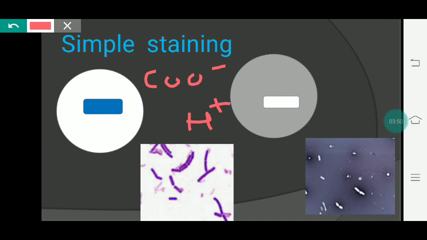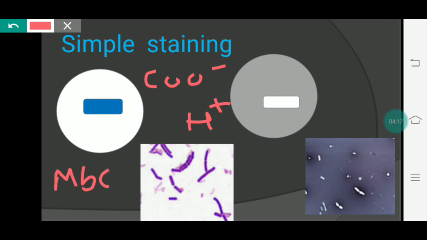Negatively charged means the bacterial surface is acidic in nature. So in monochrome staining we use a basic dye. Here we use methylene blue, but you can use any other basic dye.